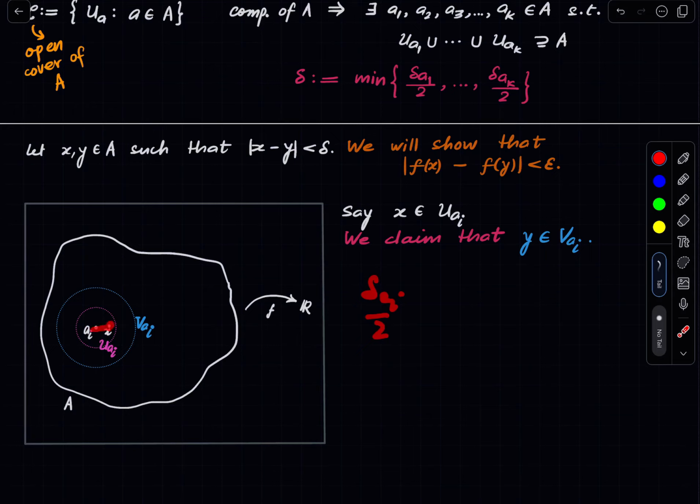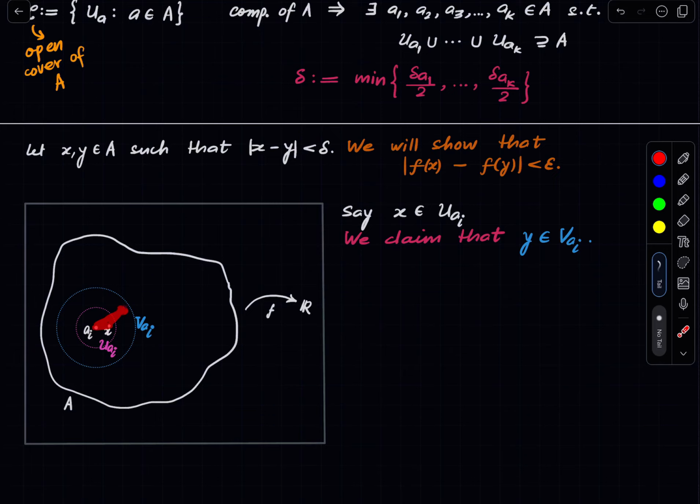But what is the distance between x and y? The distance between x and y is less than delta, and hence also less than delta AI by 2. So from AI you go to x, covering distance less than delta AI by 2. And then you go to y, again covering distance less than delta AI by 2. So in total you will not be covering more than twice of delta AI by 2.